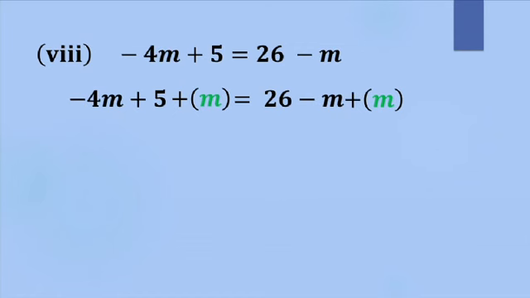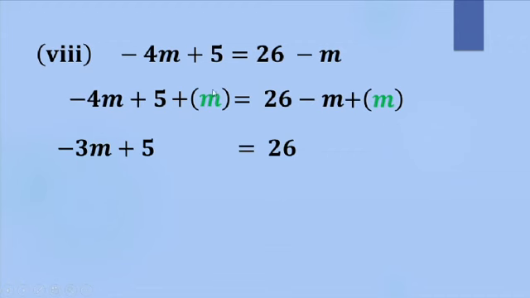So I have minus 4m plus 5 plus m equal to 26 minus m plus m. So simplifying the left hand side, I will get minus 3m plus 5. Here we'll get simply 26 because minus m plus m will cancel out.